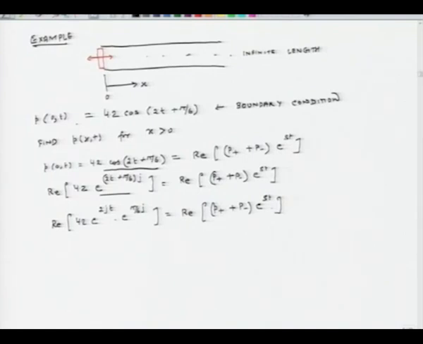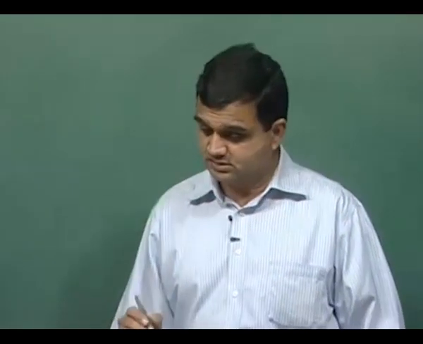So, now from inspection I can compare this term and I conclude that s equals 2j, and also if I compare this term and this term, the ones in blue are all constants, they are not changing with time or space.